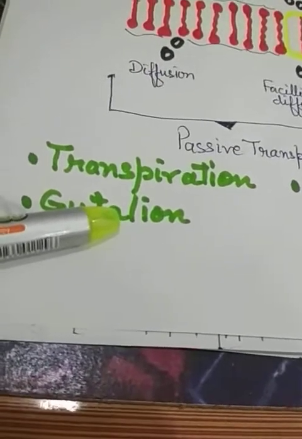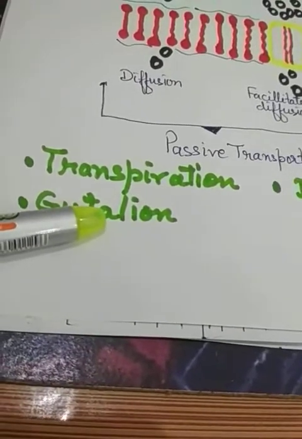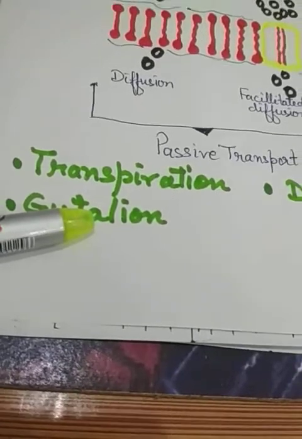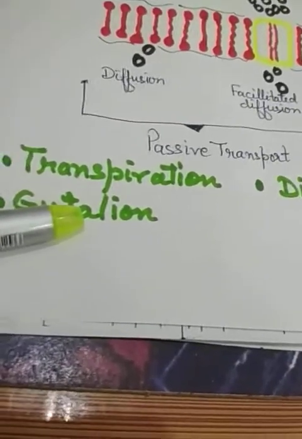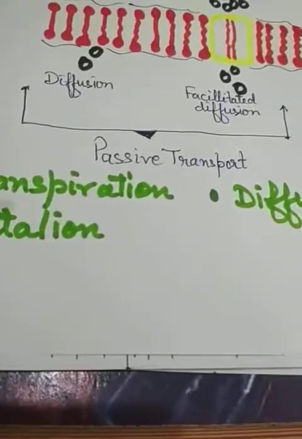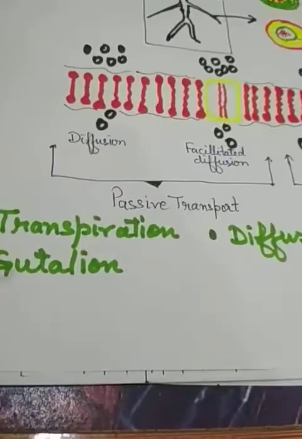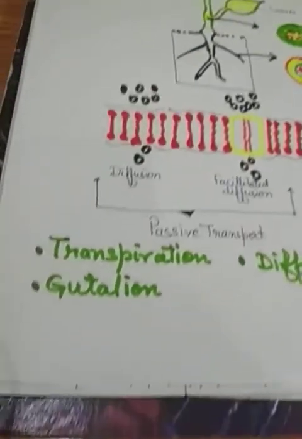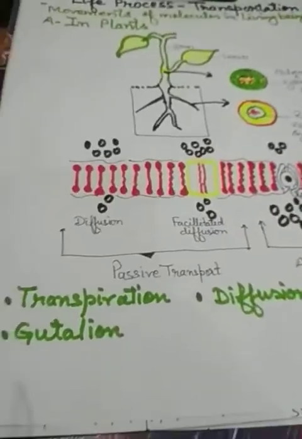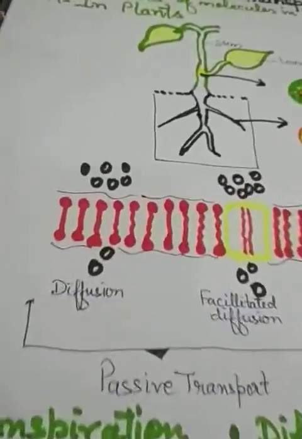Guttation is the process by which, if there is more humidity in the environment, then there will be storage of water molecules on the leaves of the plants.